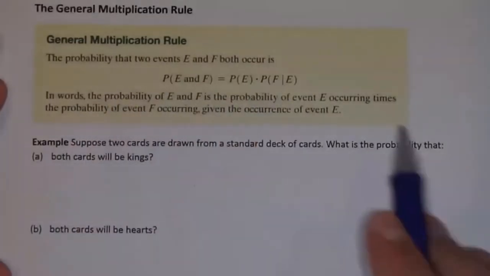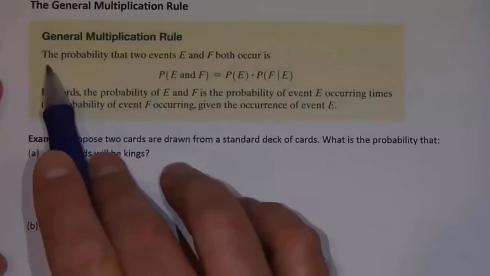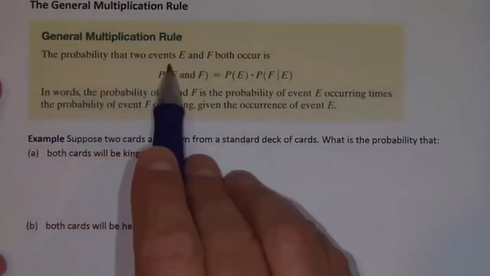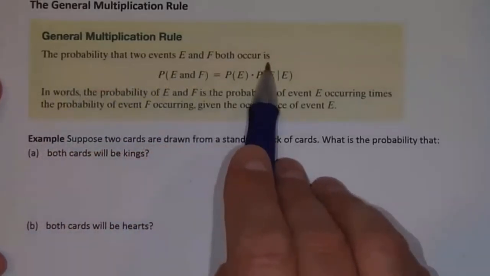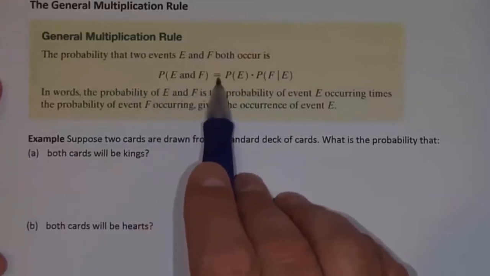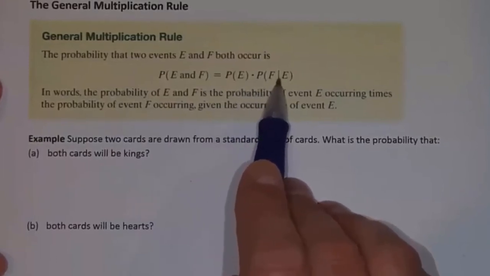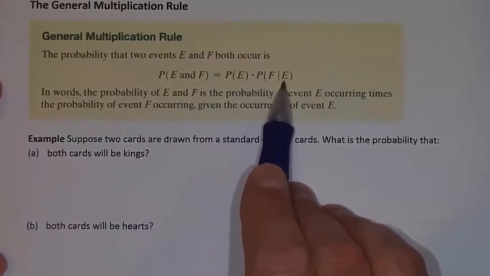The general multiplication rule says that the probability that two events E and F both occur, the probability of E and F, equals the probability of E times the probability of F given that E has occurred.